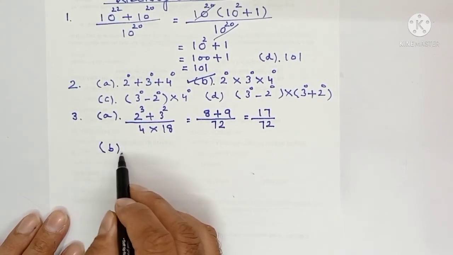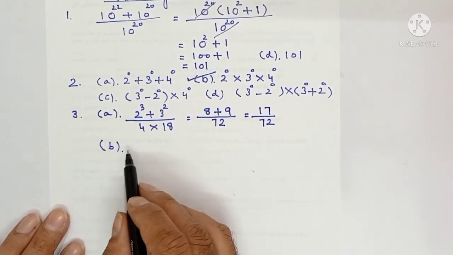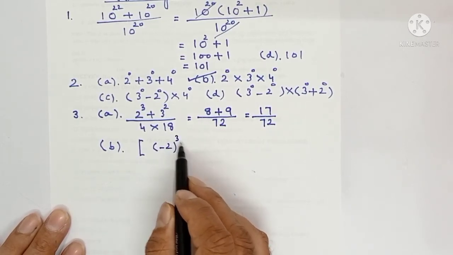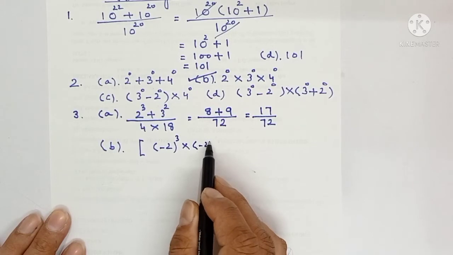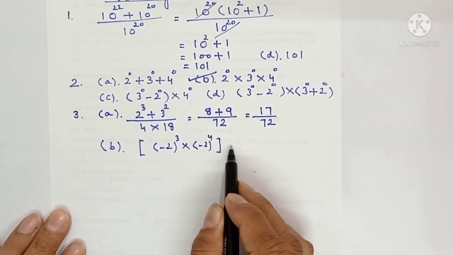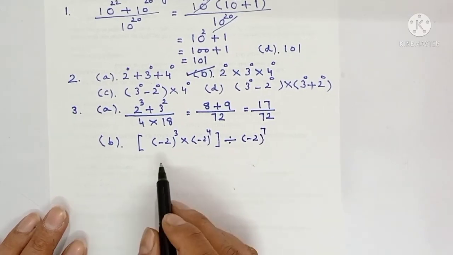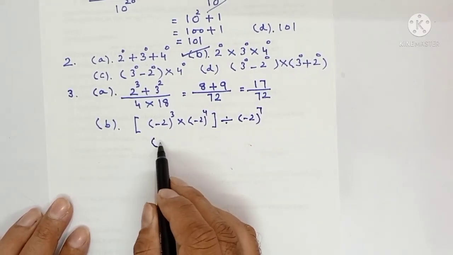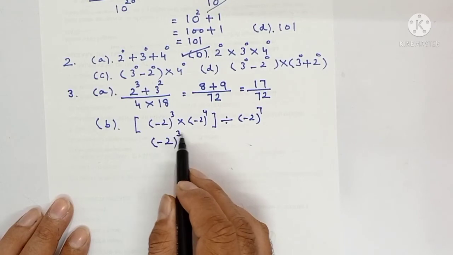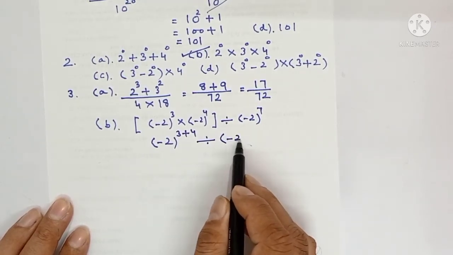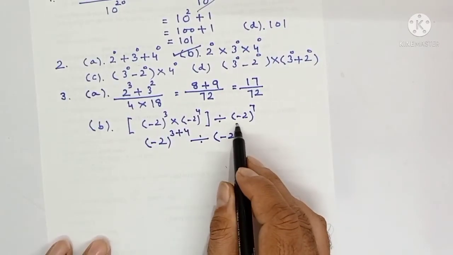Option B. In option B, it is [(-2)^3 into (-2)^4] divided by (-2)^7. So see this, minus 2 is the base and powers are added, 3 plus 4, divided by (-2)^7.